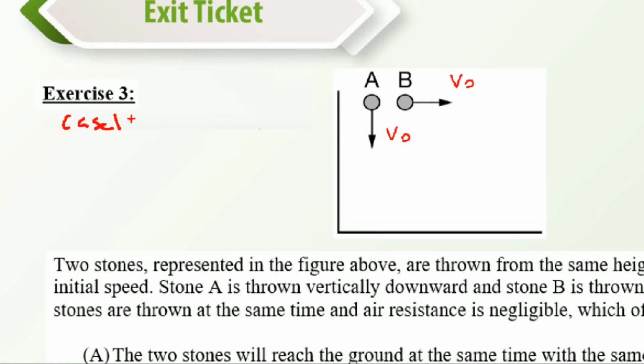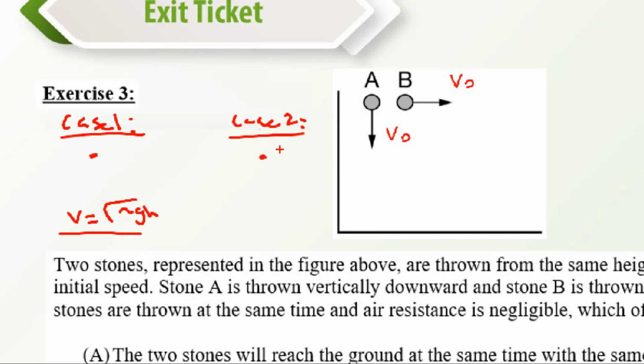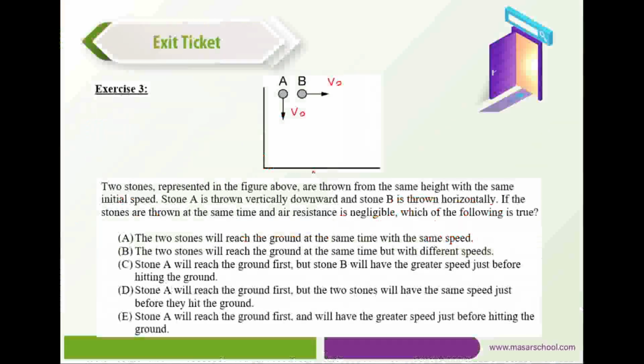Case 1, in which the object is left freely, then the impact speed is given by radical 2gh. And case 2, if the object is launched with a speed v0 independent of the direction, then the impact speed would be given by radical 2gh plus v0 square. Then in this case, both A and B, if they admit the same initial speed, they will hit the ground with the same impact speed.